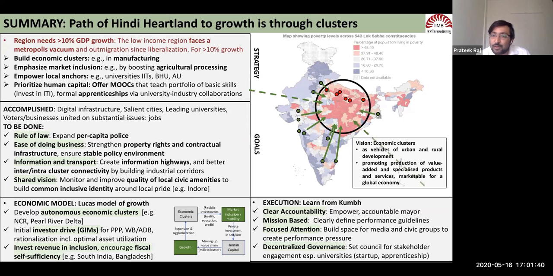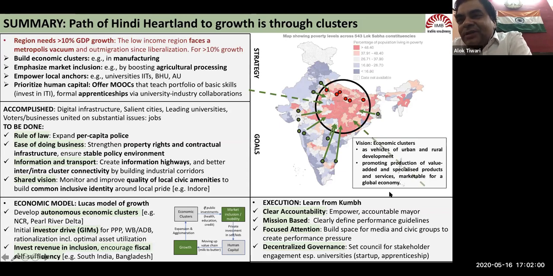So one question is, what about the role of bureaucrats in bringing about change? Do you think, Alok, that there is a need for bureaucrats to change in some ways for change to be brought about? You're muted, I'll just unmute you. Yeah. There is a huge amount of change required at all levels, bureaucracy included.